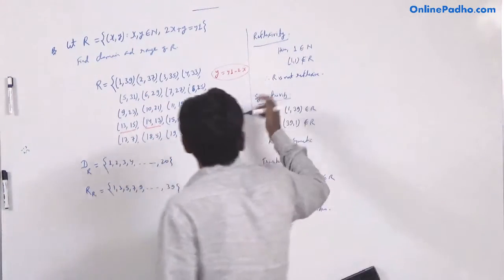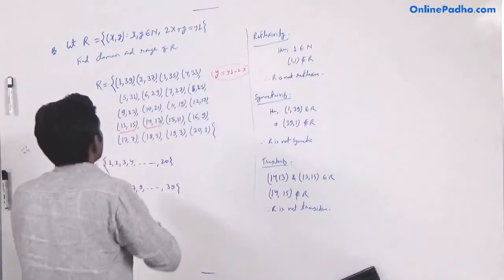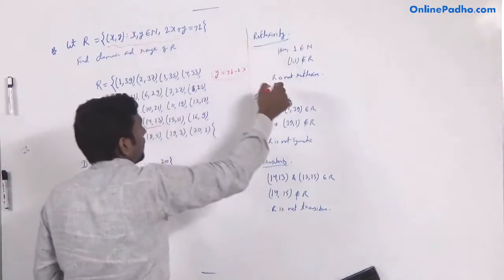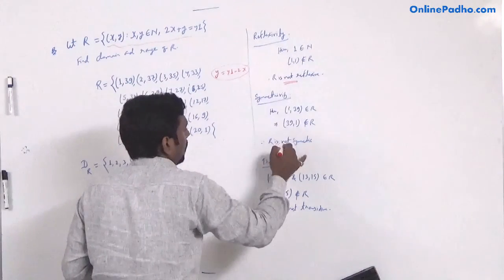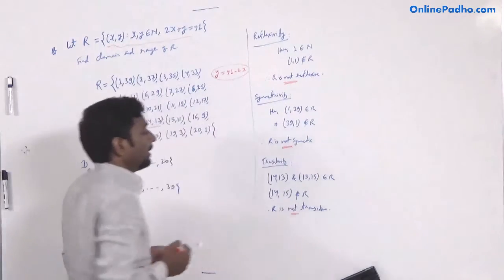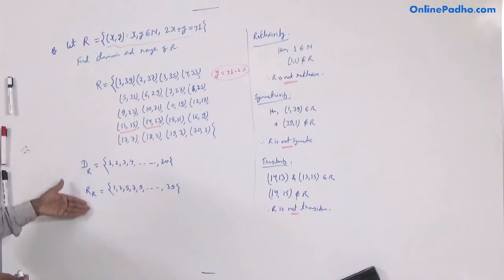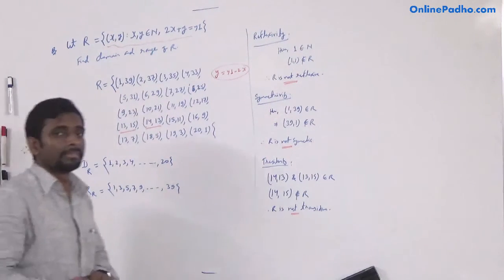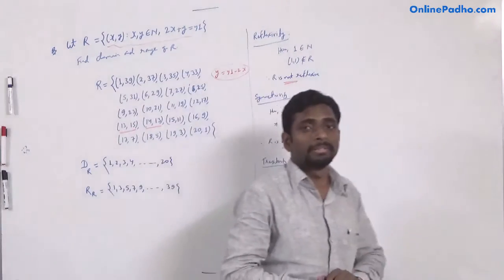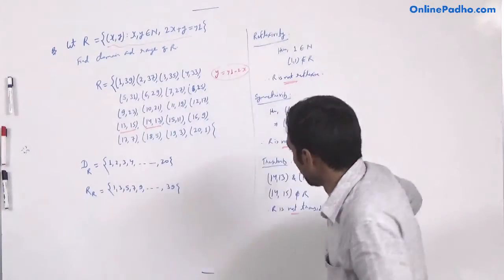So therefore we can say that this relation R is neither reflexive nor symmetric nor transitive, and the domain and range of this relation are these sets. Right? So these are the domain and range.